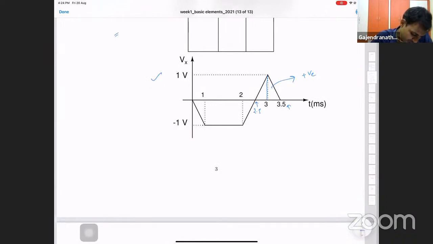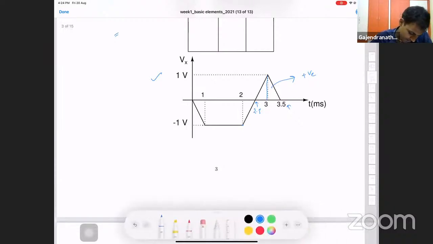Now, from minus 1 volt, the voltage went to 0, and from 0, the voltage went to 1 volt. So I'm going to shade this portion here and this portion here. The positive and negative areas are equal, so if you sum those two areas, you get 0. What I'm left with is one triangle here, and another triangle here, which is negative.